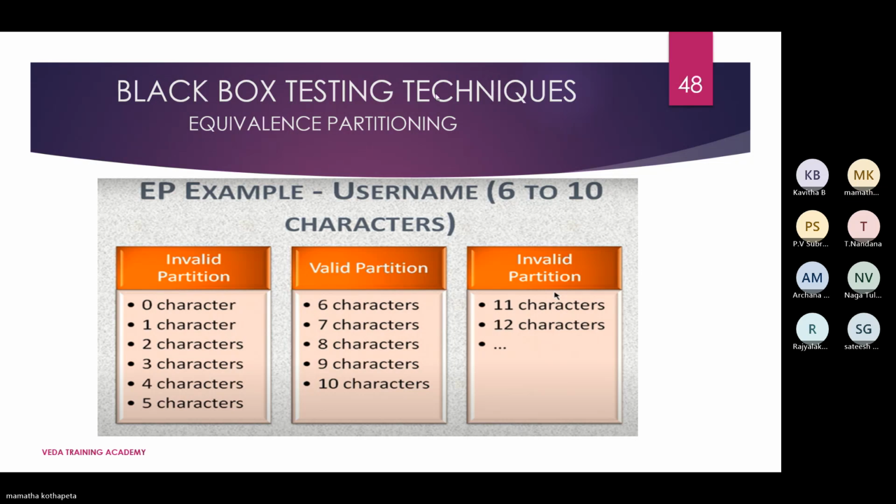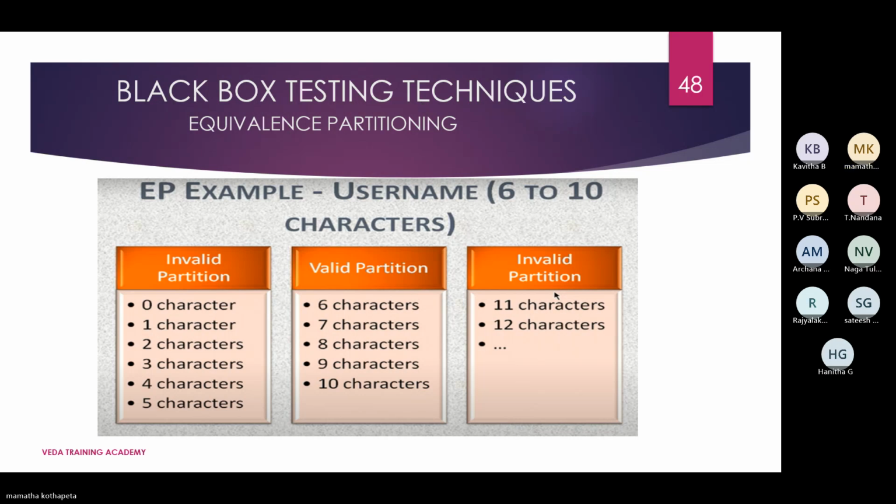Now, for example, we have an age field which is accepting a range of 18 to, for example, 75. Boundary value analysis treats this range input in two ways: one, the lower bound, and the other, the upper bound, or minimum and maximum.